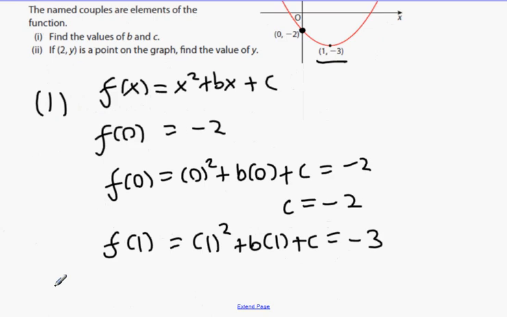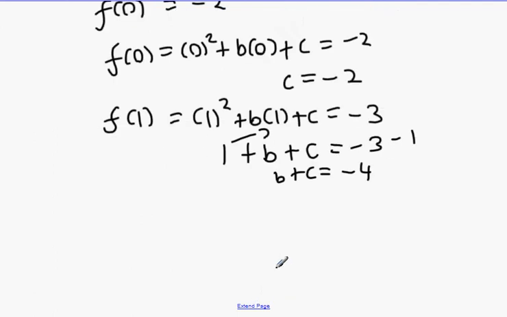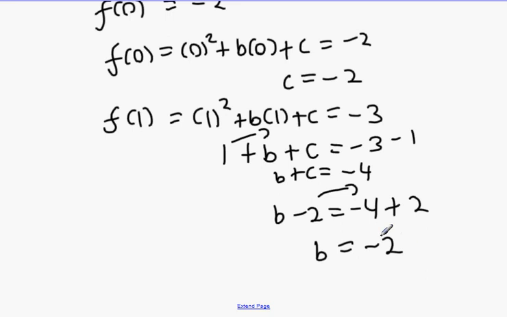And then what happens? 1 plus b plus c equals minus 3. Bring the 1 over the other side. B plus c equals minus 4. What do we know about c? So b minus 2 equals minus 4. Bring over the minus 2, it becomes plus 2. B therefore is minus 2. B is minus 2 and c is also minus 2.